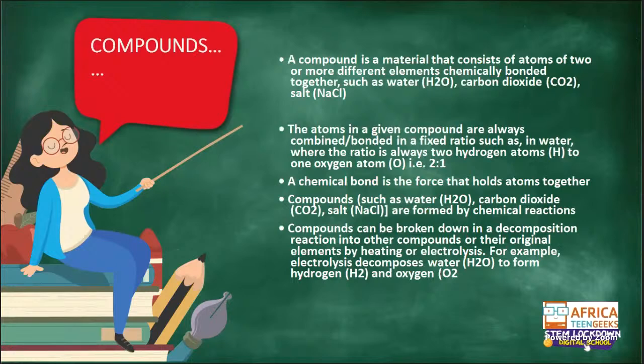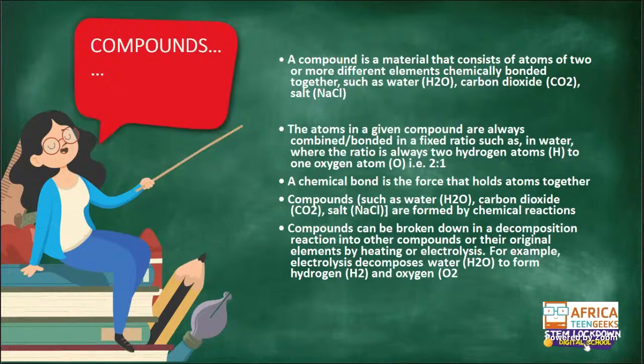So let's look at compounds. A compound is a material that consists of atoms of two or more different elements chemically combined together. An example is water, carbon dioxide, and sodium chloride.